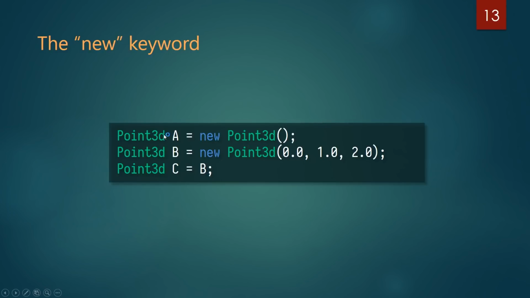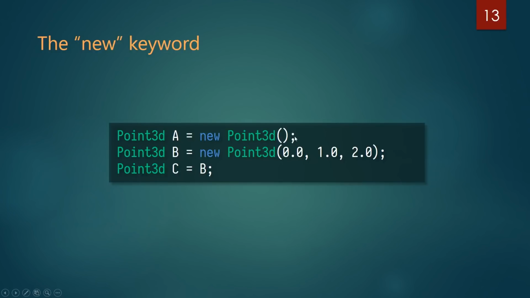Now the D here doesn't stand for dimension. The D stands for double, because the point is represented by the XYZ coordinates, which are three decimal numbers, or three doubles. So the D stands for double, not the 3D in the word three-dimensional. All right, so this declares the type of the variable.